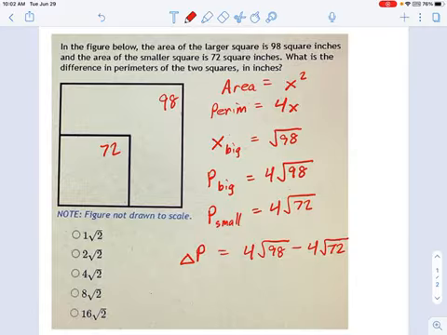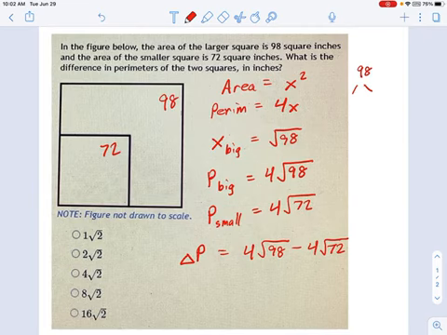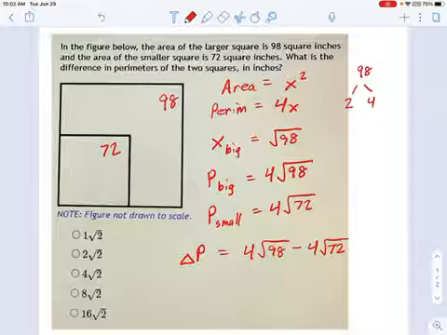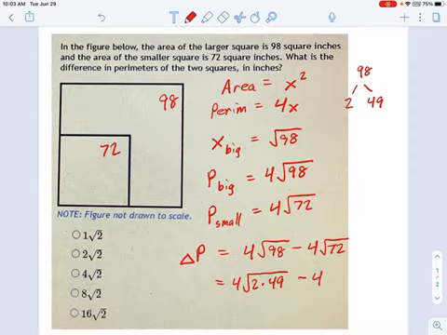And square root of 98, let's think about what 98 is, right? 98 divided by some numbers. So that's 2 and 49. Well, if 98 is just 2 times 49, then what I'm really dealing with here is the square root of 2 times 49. I can pull out that 49, okay? And likewise, 72, what's that?